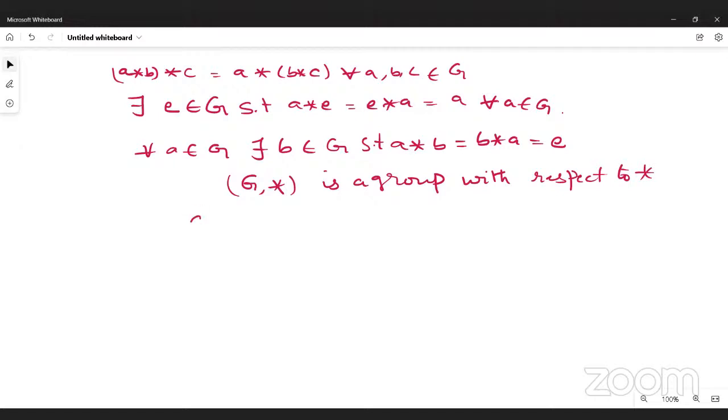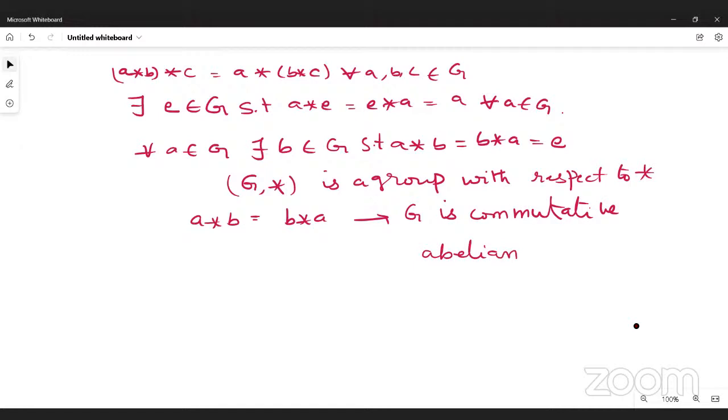In addition to this, if a star b equals b star a for every a, b belonging to G, then we say that G is a commutative group or an abelian group.